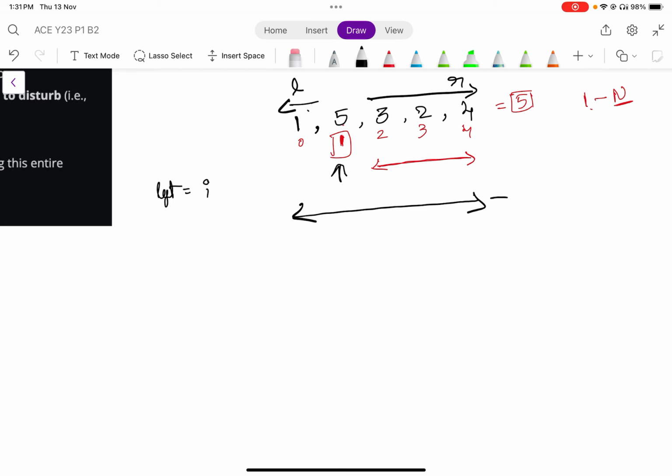Yes, of course, that will be the size of the array, right? And how many people are present in the left direction? I know directly because of this i, right? This i will give it.